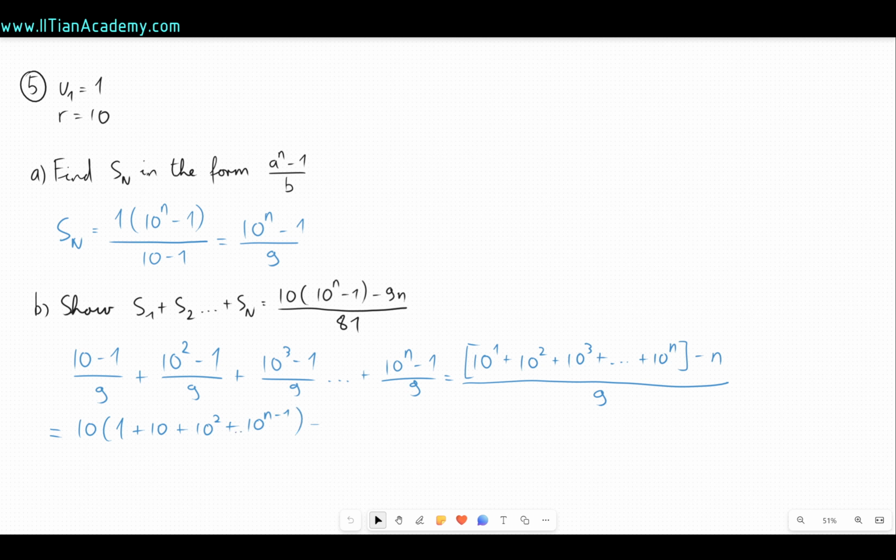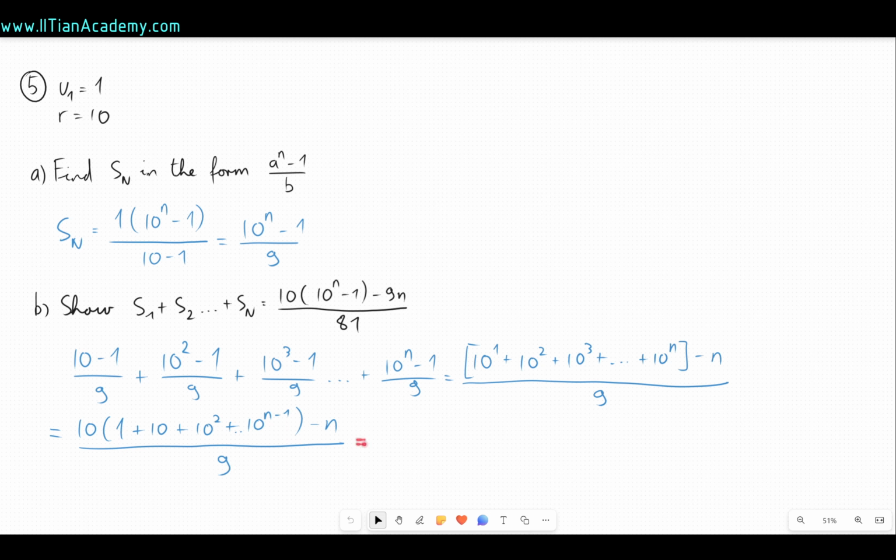And then we still have the minus n, and this is over 9. What we can notice is that what we have here in the middle is what we have solved in part A. So the first term is 1 and the common ratio is 10. So we can substitute in this formula for this middle term.